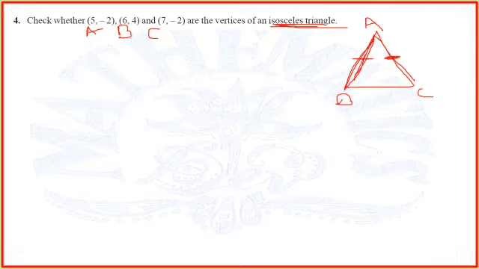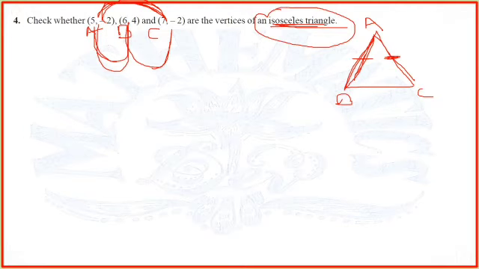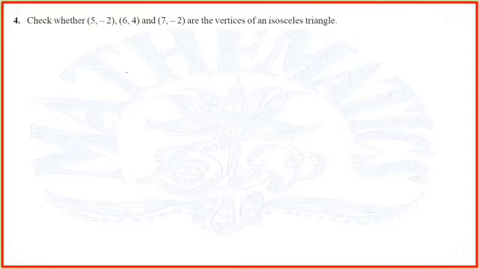So for that, first of all, you will find the distance of AB, then the distance of BC, then the distance of AC. If any two results are identical, then you will say that these three vertices are of an isosceles triangle. So that's all, very easy thing you can do by yourself. I'm moving towards the next question.